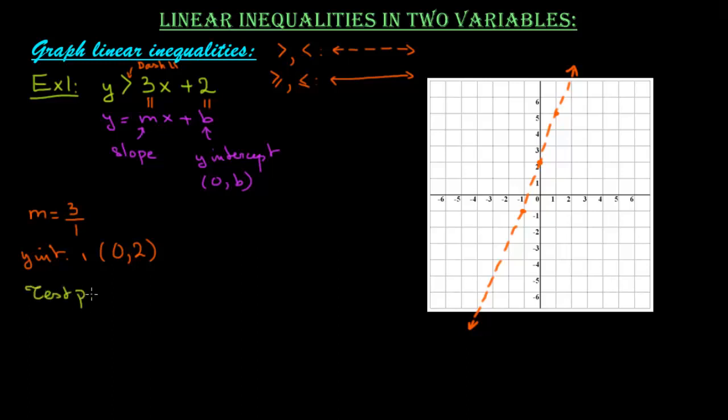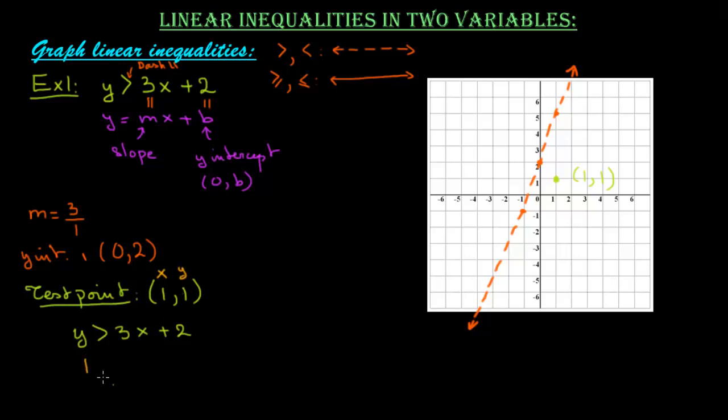As in the practice before, to test a solution, you choose a point. You can choose any point. Let's say I choose the point (1, 1). This is the point I'm testing, to see if it is a solution of this inequality. So put in 1 and 1. We have y greater than 3x plus 2, and we replace x with 1 and y with 1.